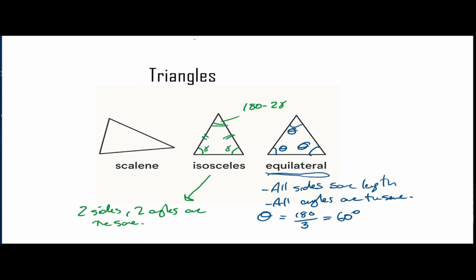Okay. The last type of triangle is the most common type of triangle, and it's kind of the mutt of triangles. It's a scalene triangle, so none of the sides are the same, and none of the angles are the same.